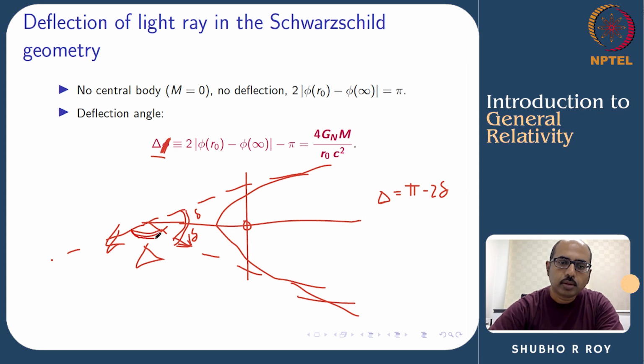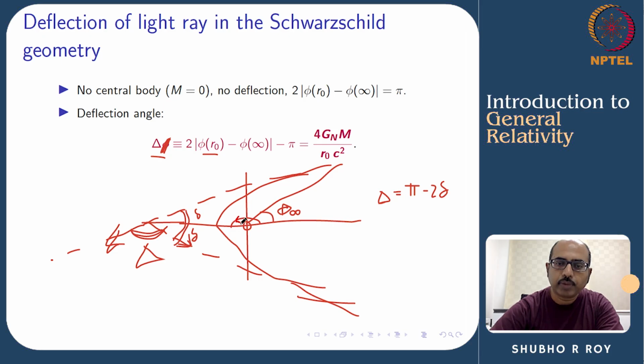This full angle is pi, and big delta plus twice little delta is pi. So we have this relation. Let me draw the radial point at infinity, something like this, and of course we have this angle phi, which at r0 is always pi, as we set up our coordinate system, but this formula is written for the general case.